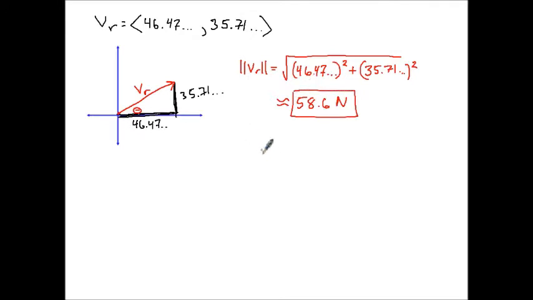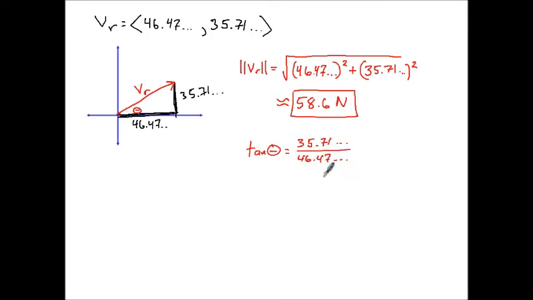The other one is I need the direction. Well, again, the direction is the angle off of the positive x-axis. And since this one's nicely in the first quadrant, we can directly find the theta here and we're good. Admittedly, now that I have the third side, I could actually use any of the three SOHCAHTOA trig functions, but I'll just go with the two that I've got on my diagram, and that tells me I'm going to do the tangent of theta equals opposite over adjacent, so 35.71 dot dot dot over 46.47 dot dot dot.